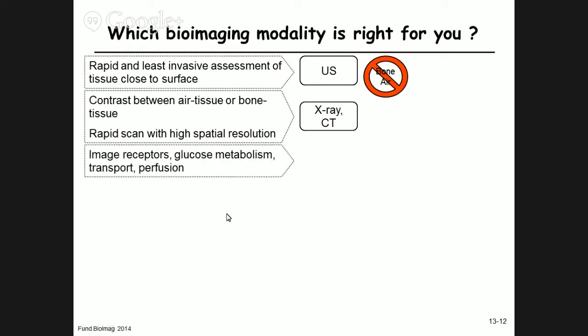If you want to image receptors, glucose metabolism, transport mechanisms, perfusion. Receptors means high sensitivity. So here, the modalities of choice would be SPECT or positron emission tomography. A classic example is tumor.